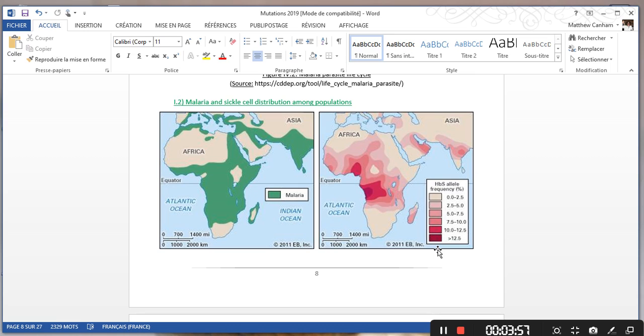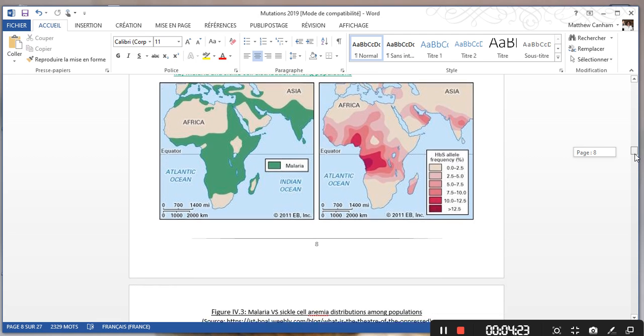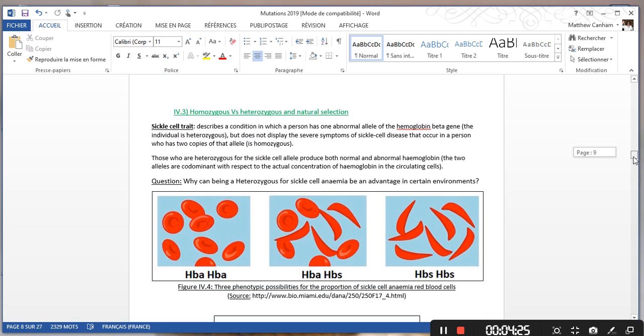However, it seems to match quite well the areas where malaria is present. It's not pitch perfect, but it is quite telling that in the areas where malaria is present, the frequency of HBS is unusually high. So scientists have been wondering how come, and there are a few explanations.